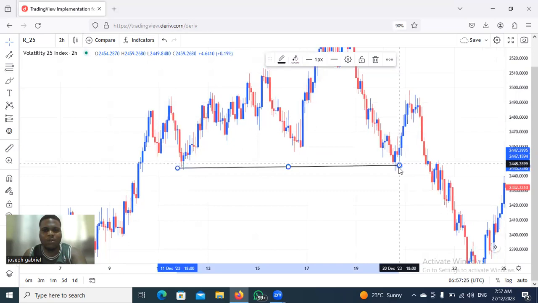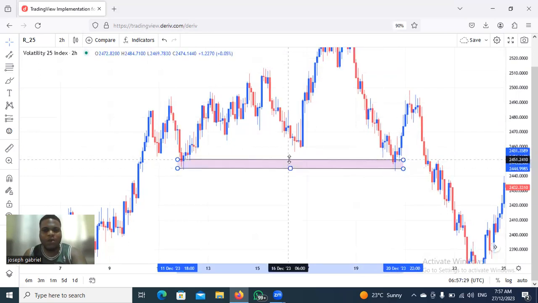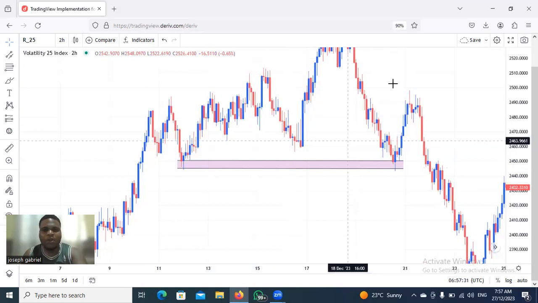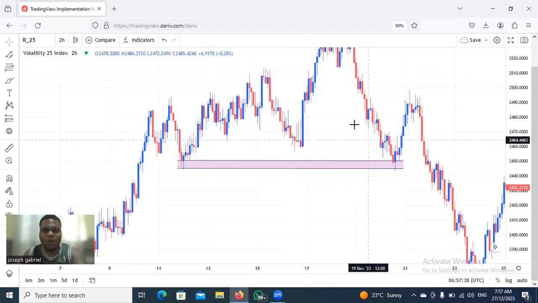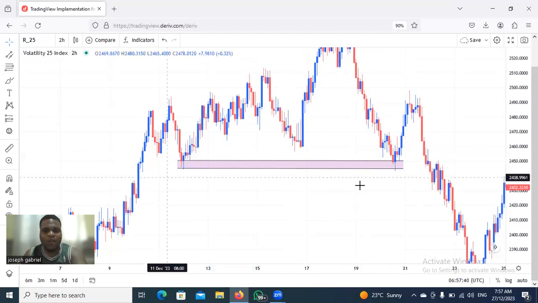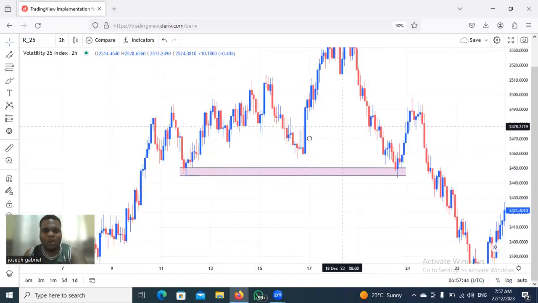We're marking our support here. Now, why do I mark the support here? Regardless of the market selling, you can see after the market bought it still dropped down. That is not what we're talking about first. I just want us to understand what I'm doing here. So this becomes our support.